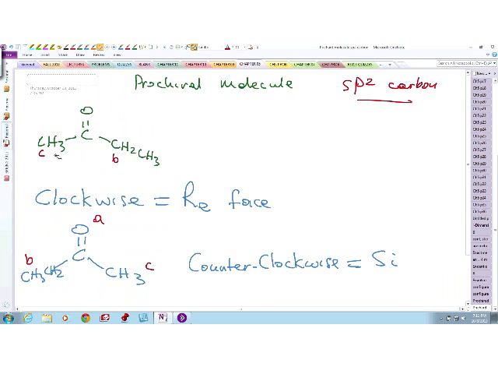This is the Si face. So we simply just now have this here. This is Re, and this is the Si.